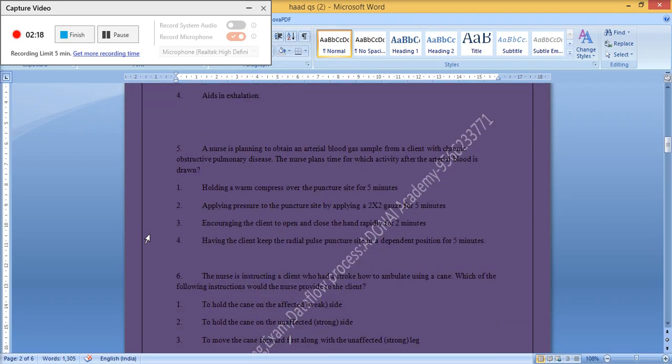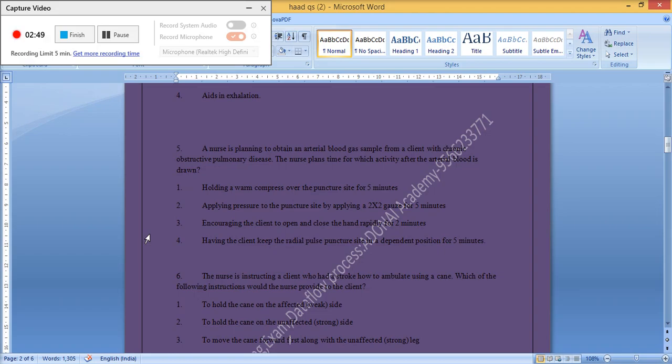5. A nurse is planning to obtain an arterial blood gas sample from a client with chronic obstructive pulmonary disease. The nurse plans to time which activity after the arterial blood gas is drawn? 1. Holding a warm compress over the puncture site for 5 minutes. 2. Applying pressure to the puncture site with a 2x2 gauze for 5 minutes. 3.